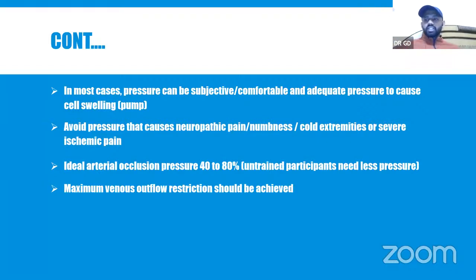When it goes above 160, you feel horrible pain in the arm. That should be avoided. And if you get cold extremities and severe ischemic pain, then that pressure is really too high. So very important is 40 to 80 percent of arterial occlusion pressure. If your client is very new to blood flow restriction training, even 40 percent of the arterial occlusion pressure is sufficient.